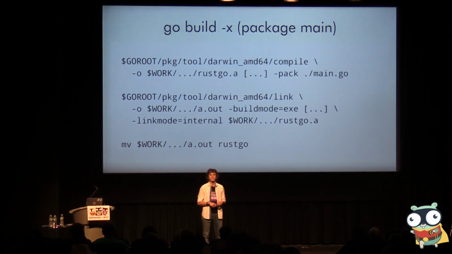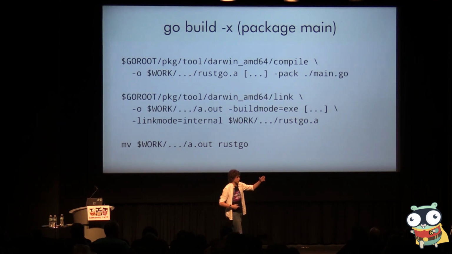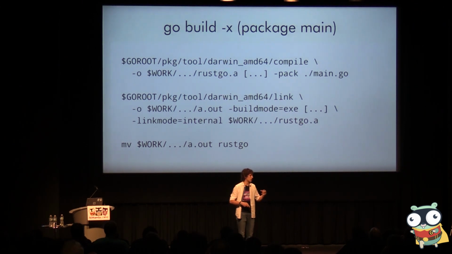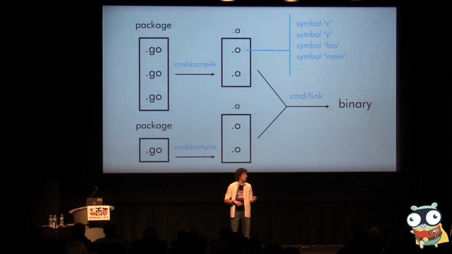And if you run go build -x when you're building a binary, it will actually tell you all the different things it's calling while it does that. And you'll see that first there's compile, and then there's a link, and finally it takes the output and puts it in your folder as the binary.